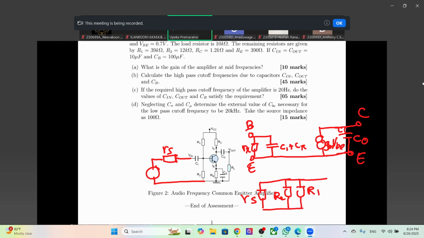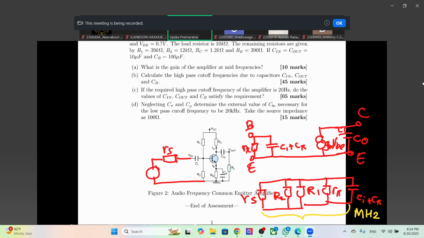We also have R pi in parallel, and here we have the input Miller capacitance plus C pi. In our previous example, for the given values, this gave us a very high answer, in the order of megahertz.